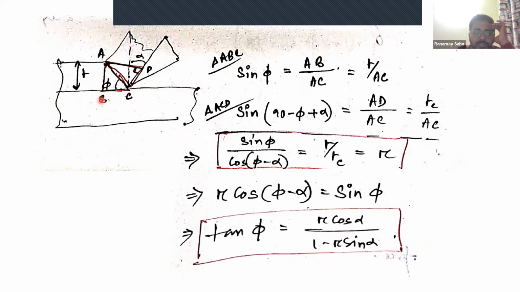AB is the altitude, AC is the hypotenuse. AB is again t, the uncut chip thickness, and AC is this hypotenuse, right?